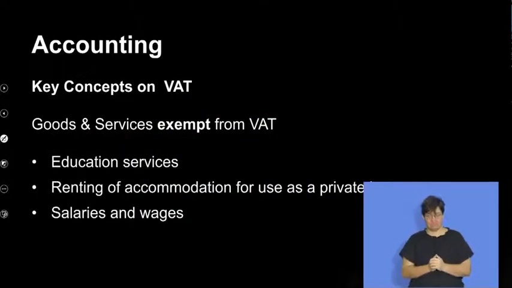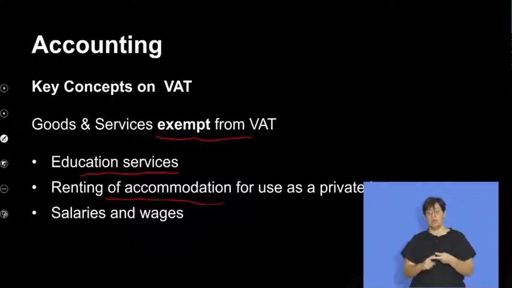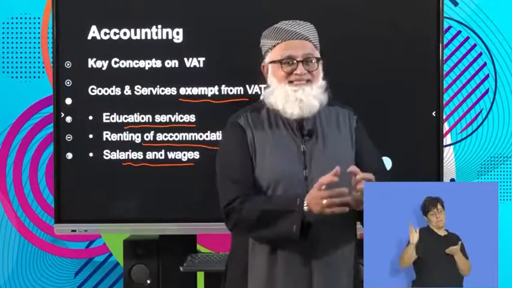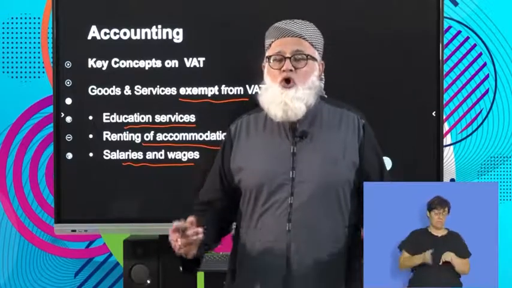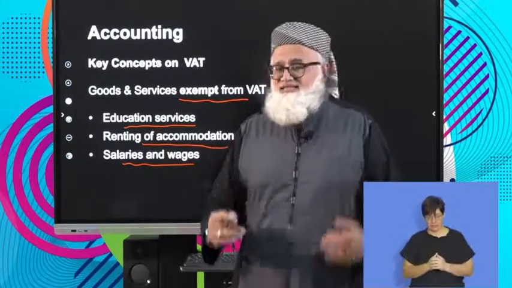Okay, then you get, still dealing with exempt items, education services, the renting of accommodation for use as a private home, salaries and wages. All of these fall within the category of VAT exempt. That means there's no VAT that's left. That's what we mean by the concept of VAT exempt.